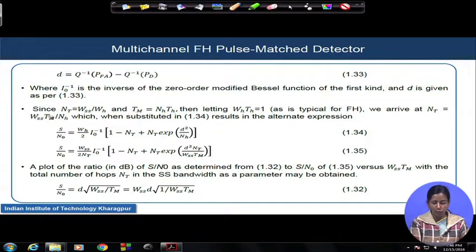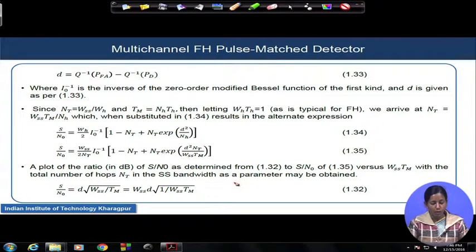If I now substitute the value of NT in equation 1.34, we can get another alternate expression for signal to noise ratio. So we have substituted the value of NH, and now we end up with a new expression of signal to noise ratio.